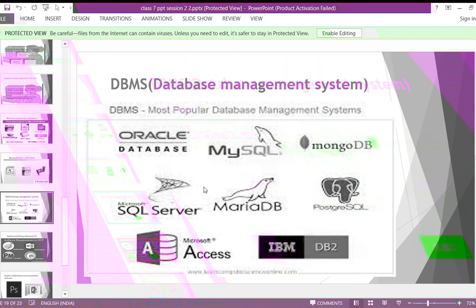So that table data, where you are storing, to store the data we need one software. For that purpose we use DBMS. It will not only store the data we are storing, it will manage it properly.